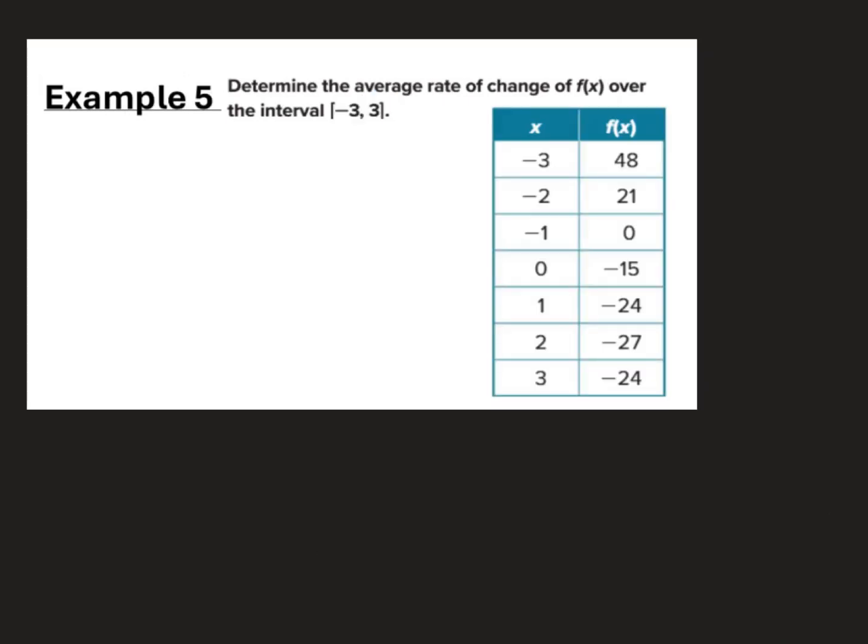Now for the last one, it's actually a little bit easier because all you have to do is use your table. Your values are already given to you. You just have to use your table. F of B minus F of A divided by B minus A. And remember, this says find the value of y given this x value.